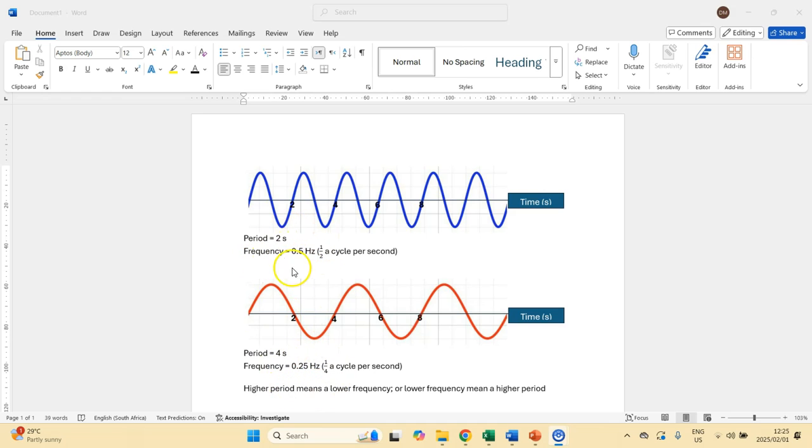Here we have a high frequency wave and a lower period, and here we have a lower frequency wave and a higher period. So that just confirms the relationship that a higher period means a lower frequency, or a lower frequency means a higher period. Both of those mean the same thing, and they show the inverse relationship between period and frequency.